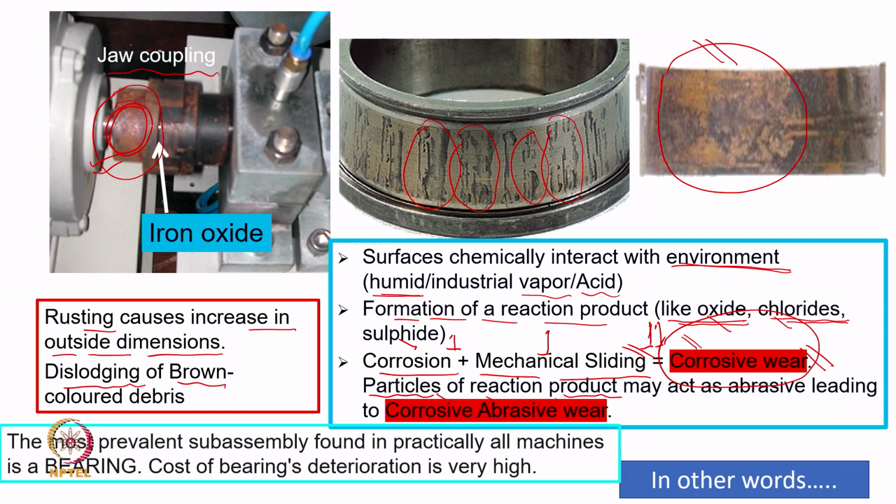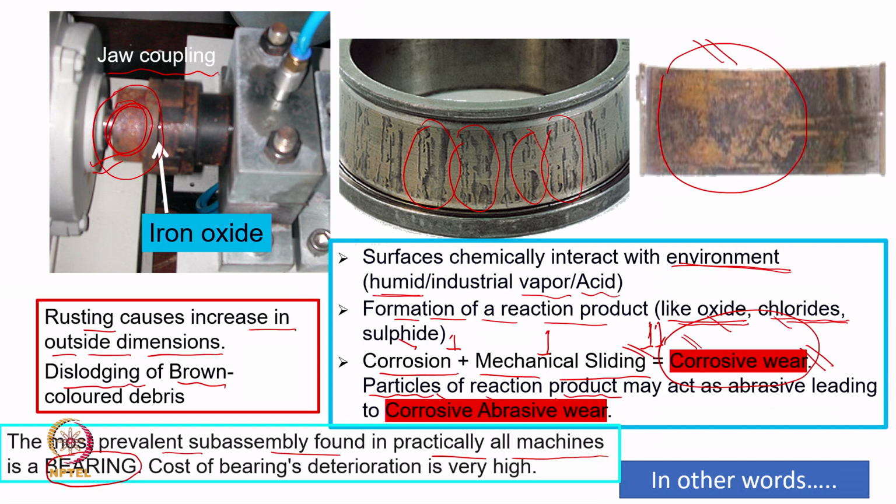Now, I can say this because I have been working in the bearing area for almost 20 plus or 25 years. We can say the bearing is the most prevalent sub-assembly found in practically all machinery. All mechanical machines, or even a number of machines, not necessarily mechanical only, in most machines the bearing is the most prevalent sub-assembly.